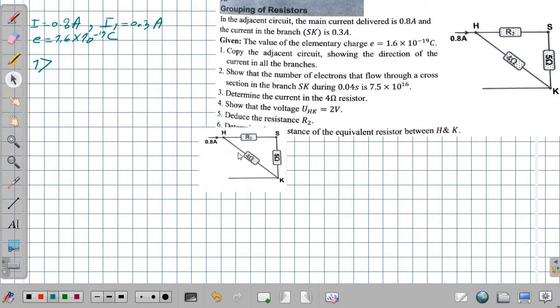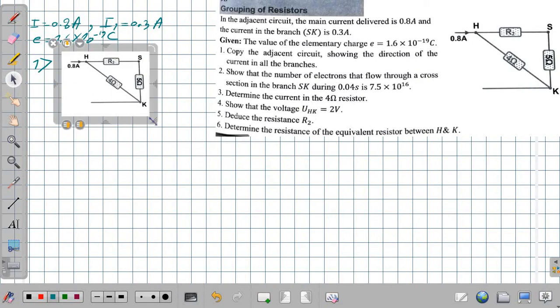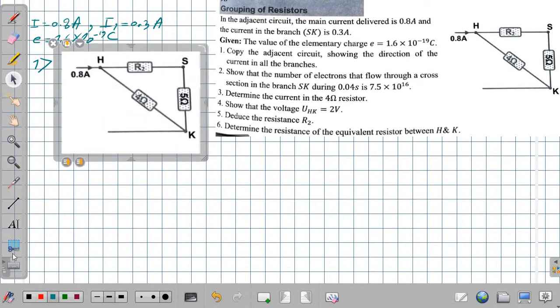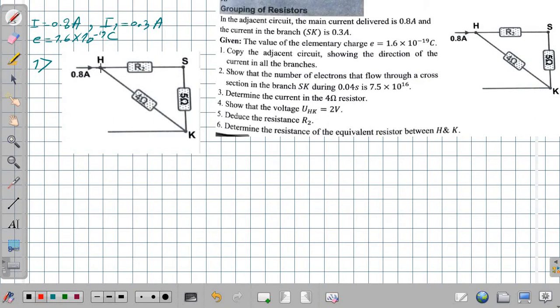Let's copy the diagram. This is the diagram. We will put the direction of all currents. At H, the main current will split to I1, and let's say in the branch HK we have I2.